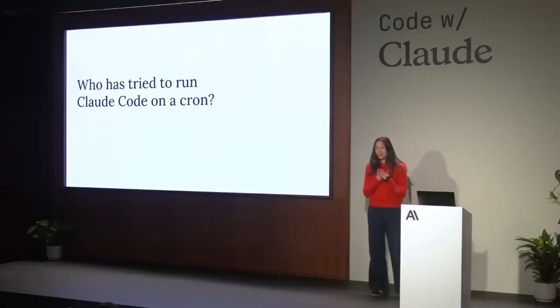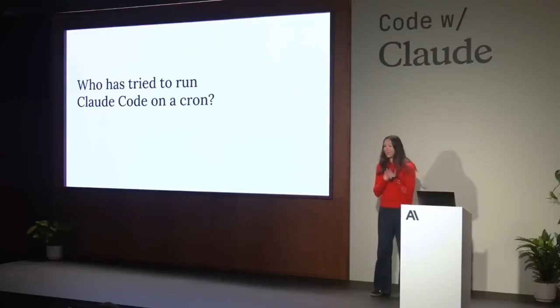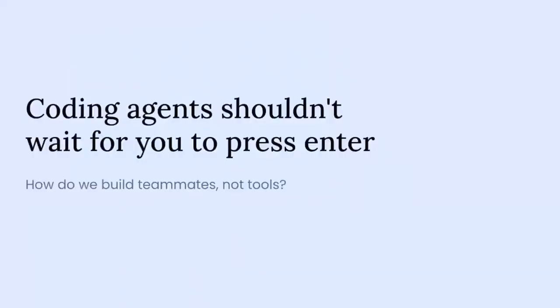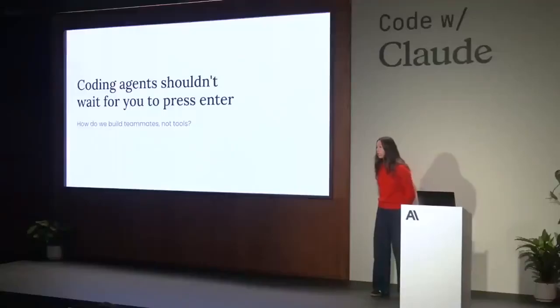We felt similar pain internally at Anthropic as we tried to develop proactive agents that run on Claude Code, and we decided to do something about it. So we believe that coding agents shouldn't wait for you to press enter to get started. Right now, Claude Code is a really powerful coding tool, but we want to take Claude Code and turn it into a really powerful coding teammate.